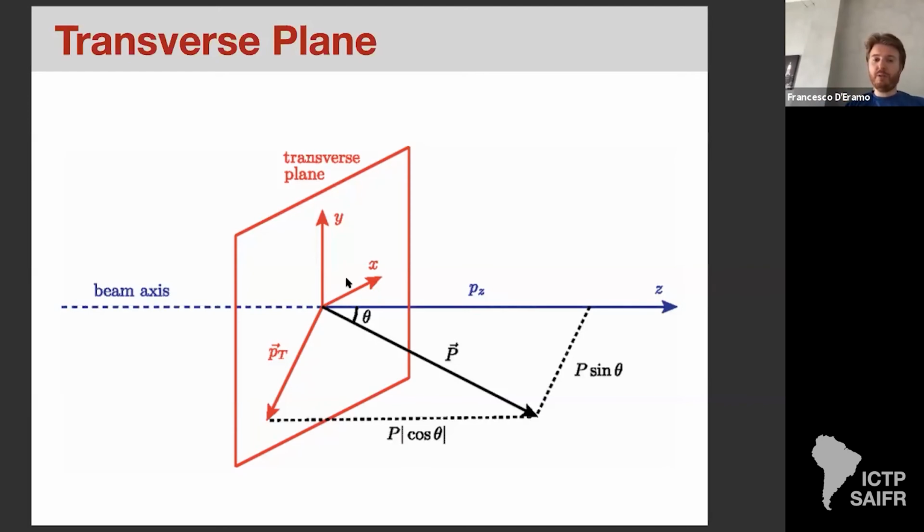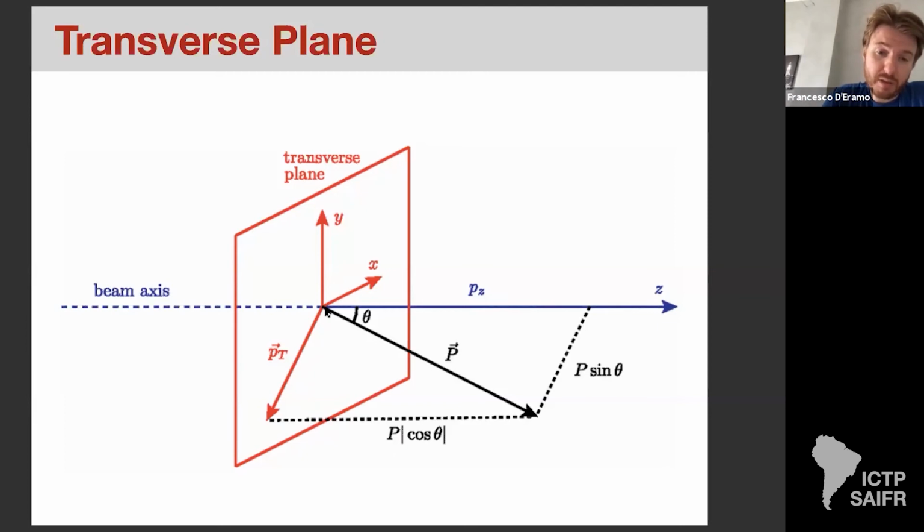Now, when you collide protons, the collision exchanging a large amount of momentum is among partons inside the protons, which are either quarks or gluons. These partons only carry a fraction of the total momentum of the proton.